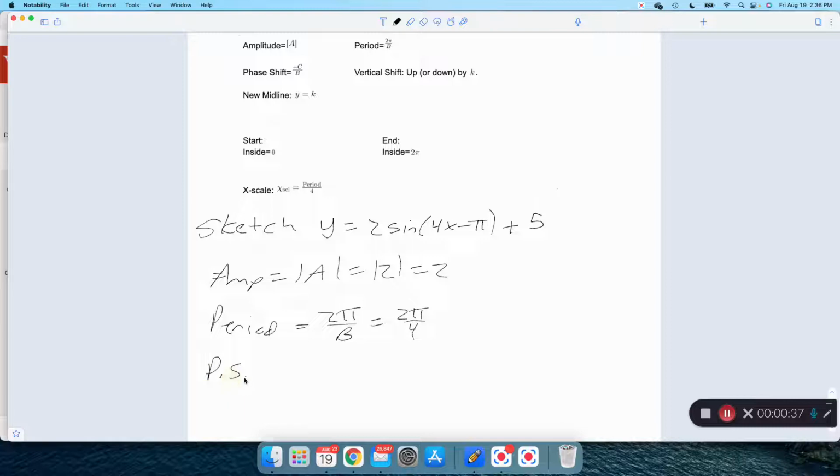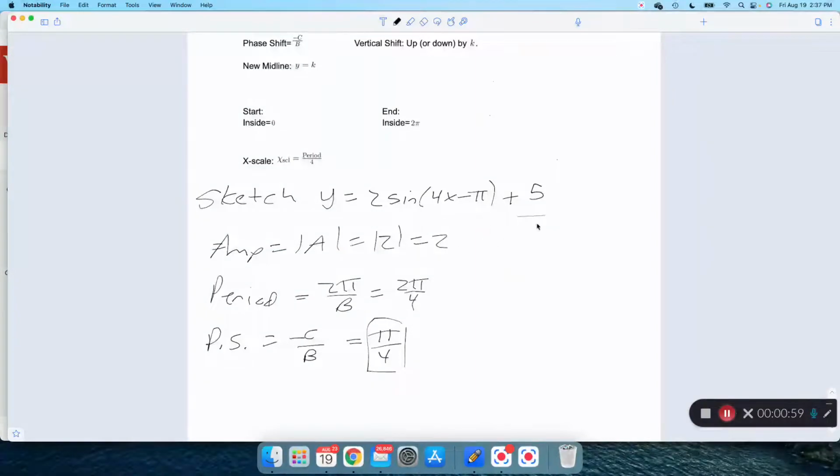Our phase shift, opposite of C over B. So C here is negative pi. Opposite of C will be positive pi over B, 4. And our vertical shift, right here, we've got a plus something outside.